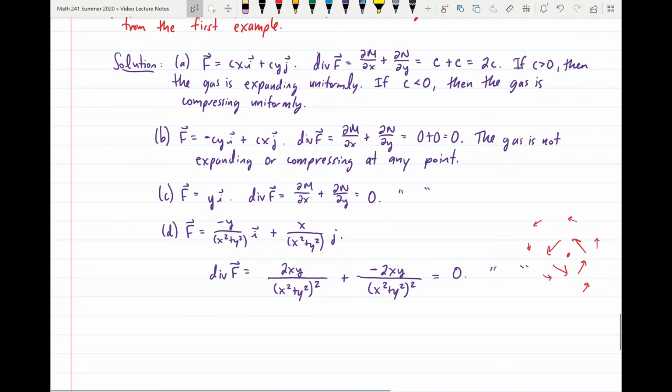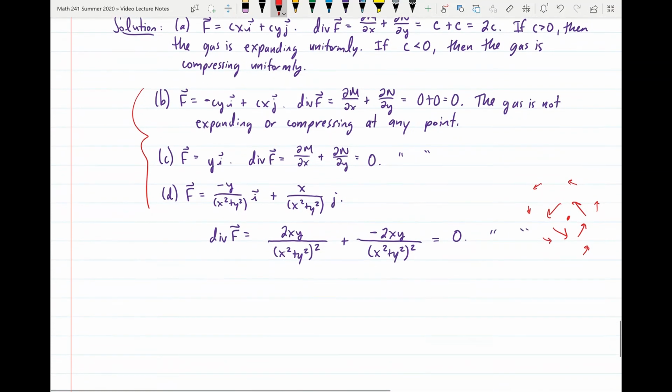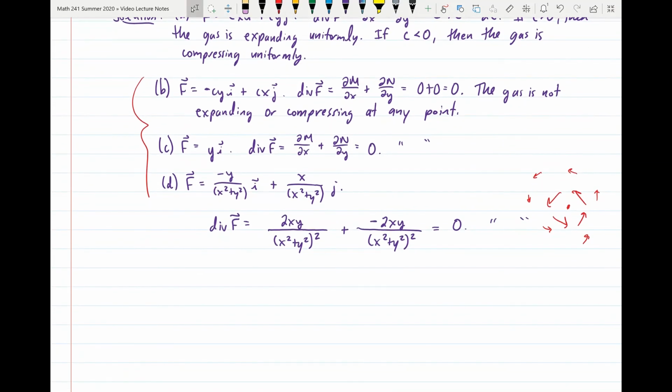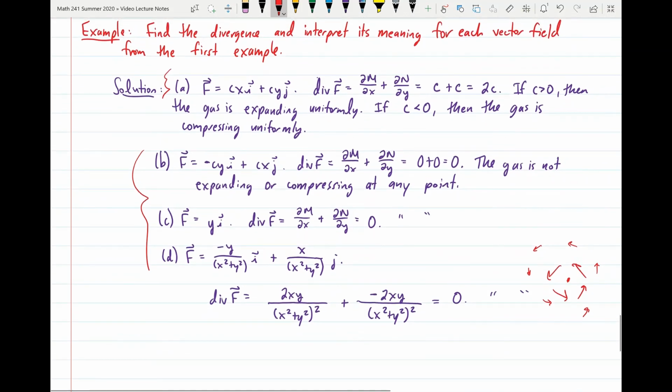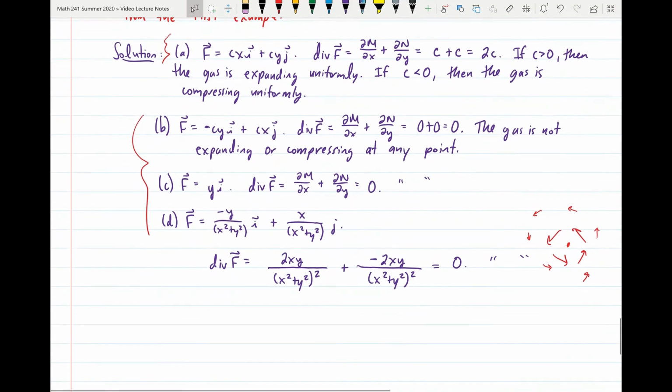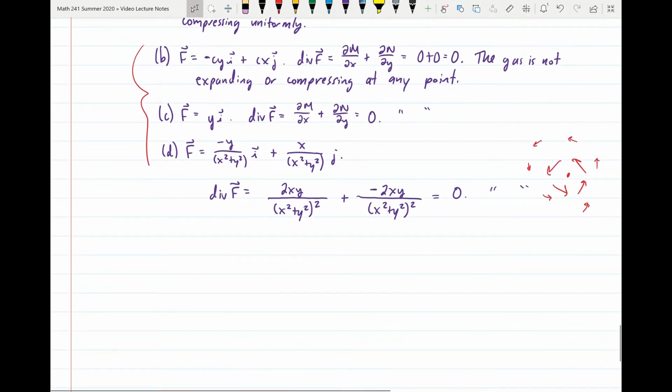So each of these vector fields in B, C, and D, these would be typical models of how you would model the flow of fluids like water, but we would not model the flow of water with A because it would require A to compress or expand at different points, and water does not do that. So that's just an interesting note.